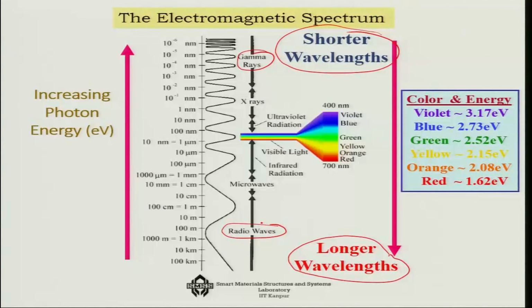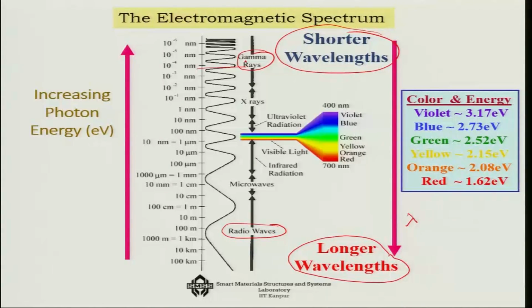As the wavelength lambda increases, we start from the gamma rays which go somewhere up to 10 raised to the power minus 4 nanometer or so. 1 nanometer is 10 to the power minus 9 meter. So you can imagine how small that wavelength is.